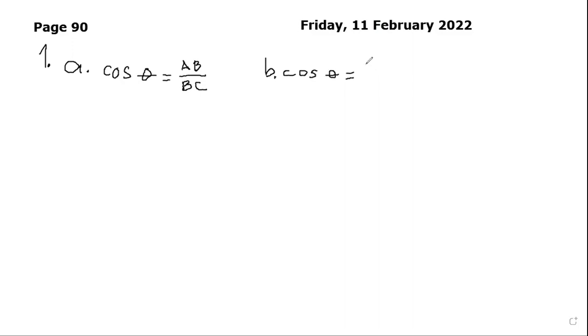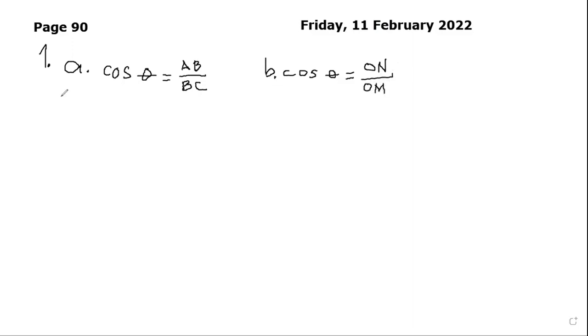Now, what is the adjacent? That is triangle M and O. So that is ON over hypotenuse, which is MO or OM. Right? So that's very easy.